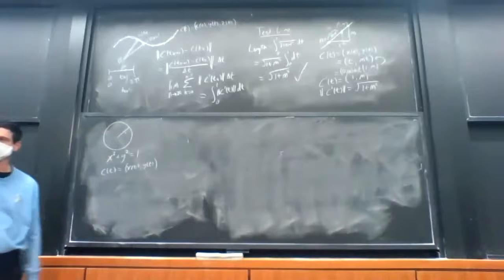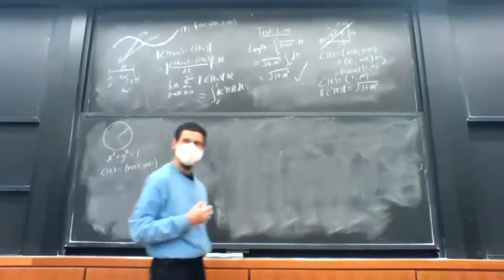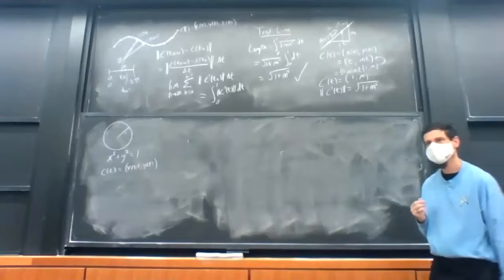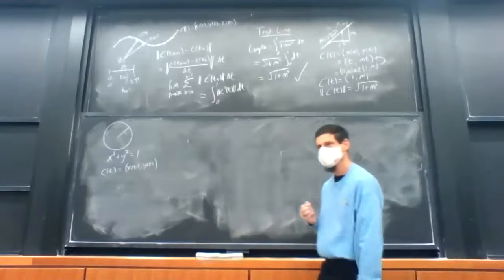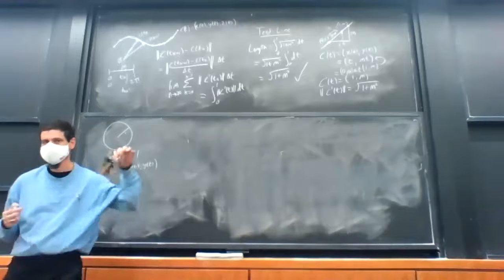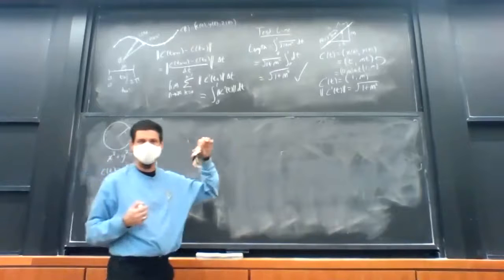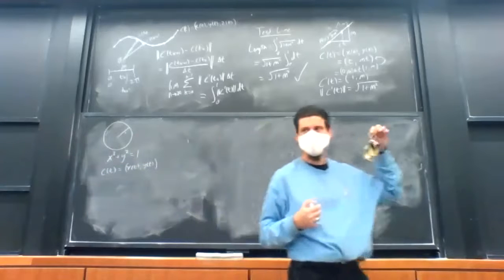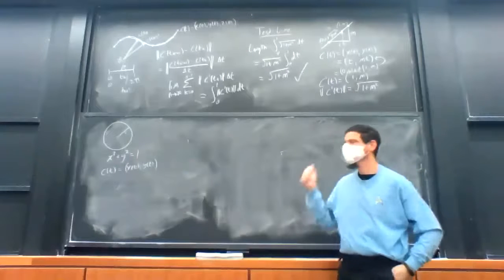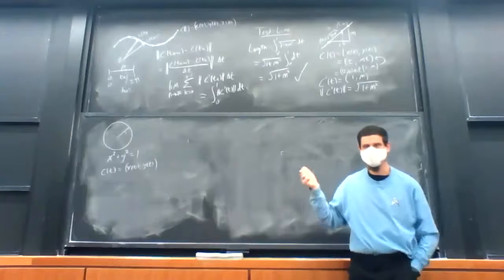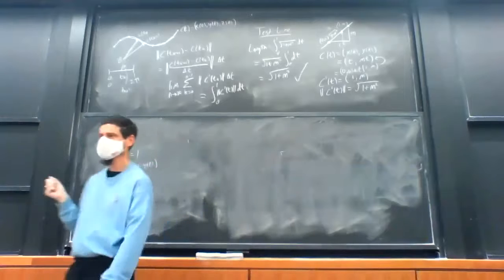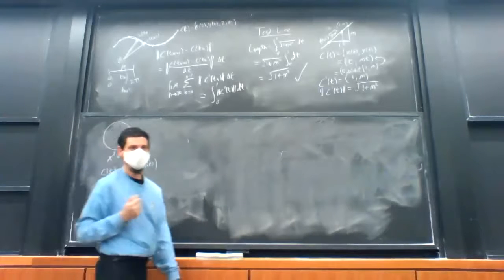So I need to parameterize x of t, y of t. Any thoughts on how I should do this? I'm sorry? Polar coordinates. You should have a Pavlovian response. Whenever you see a circle, what should you be thinking? Polar coordinates.